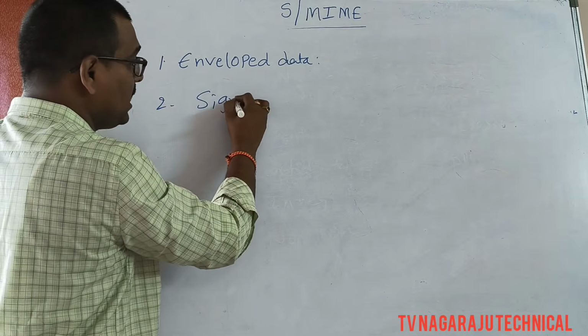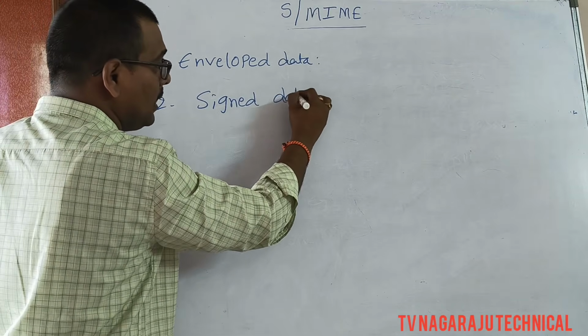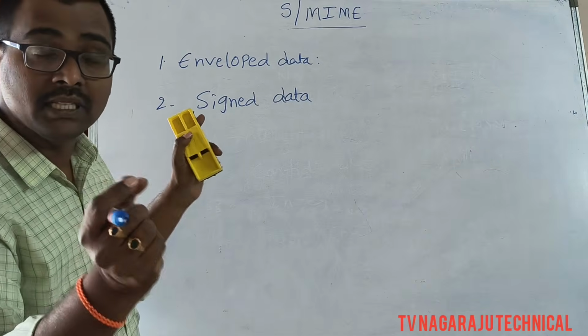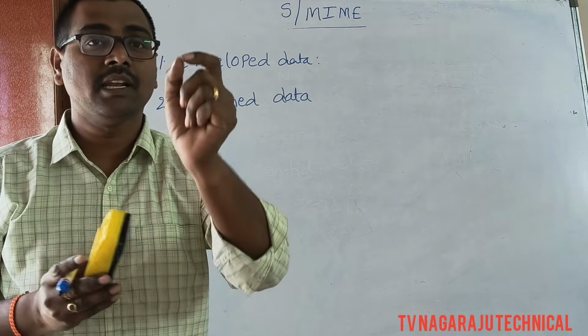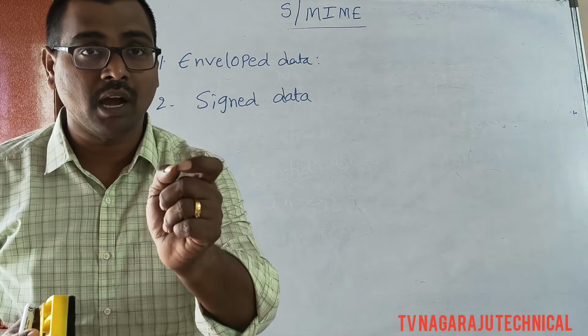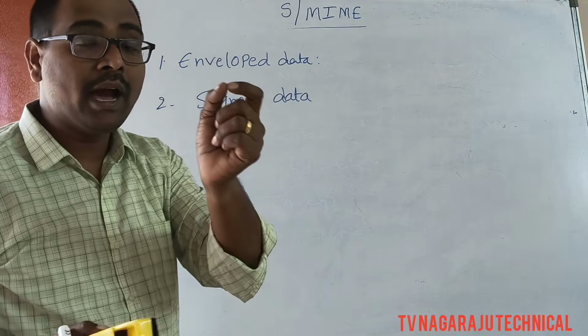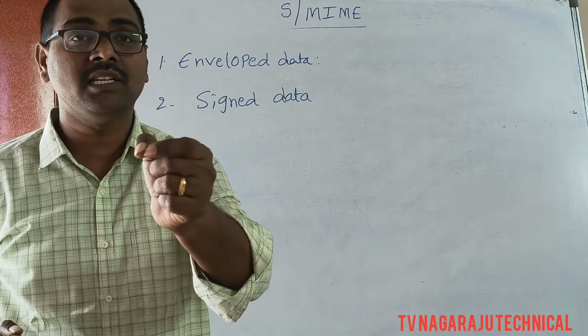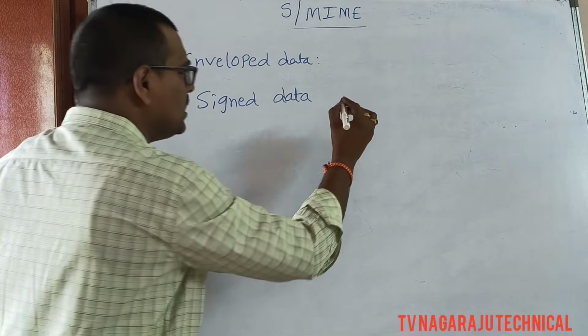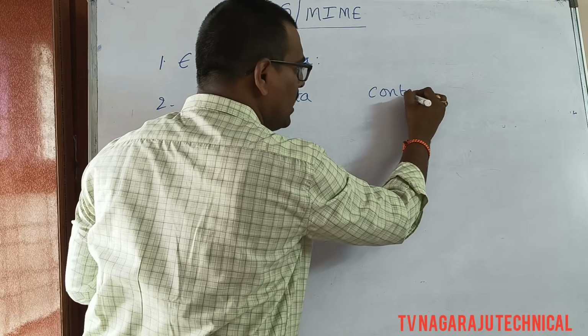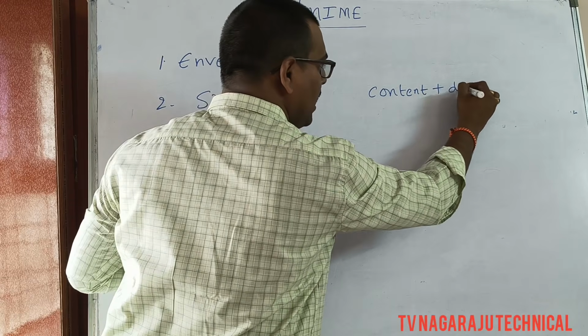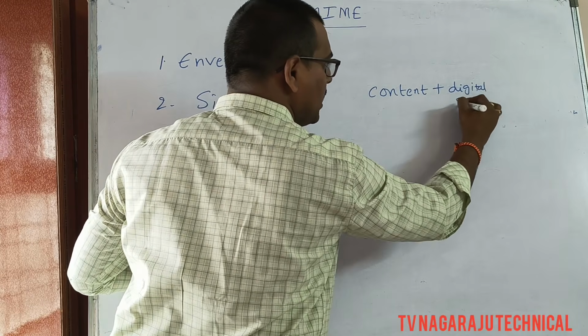Next, signed data. What is meant by sign? Digital signature. Whatever content we have, on that content we calculate a message digest and then a digital signature. Simply, here we send the content along with the digital signature.